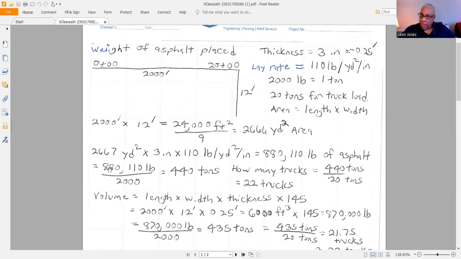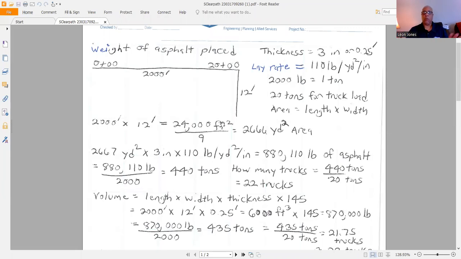I take 880,110 pounds and divide it by 2,000. And I come up with 440 tons. That's how many tons of asphalt is going to be placed over a 24,000 square foot area, a mat.